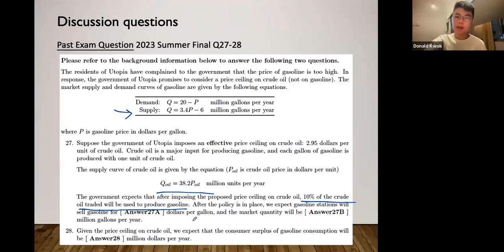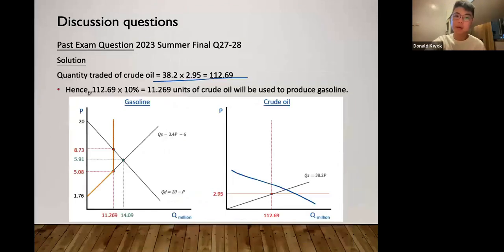However, when the quantity supplied of gasoline reaches 11.269, 10% of the quantity traded of crude oil, then no matter how high the market price is, we cannot increase the quantity supplied of gasoline anymore. So this is why the supply of gasoline would be kinked at the quantity 11.269.